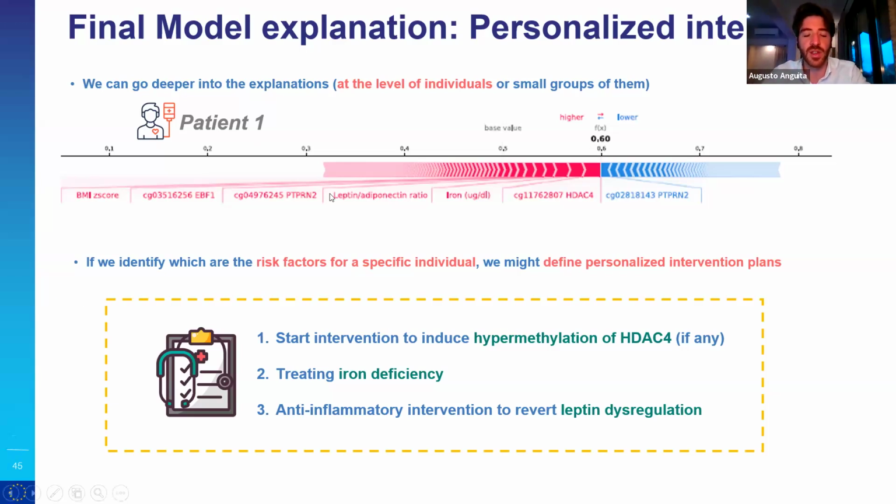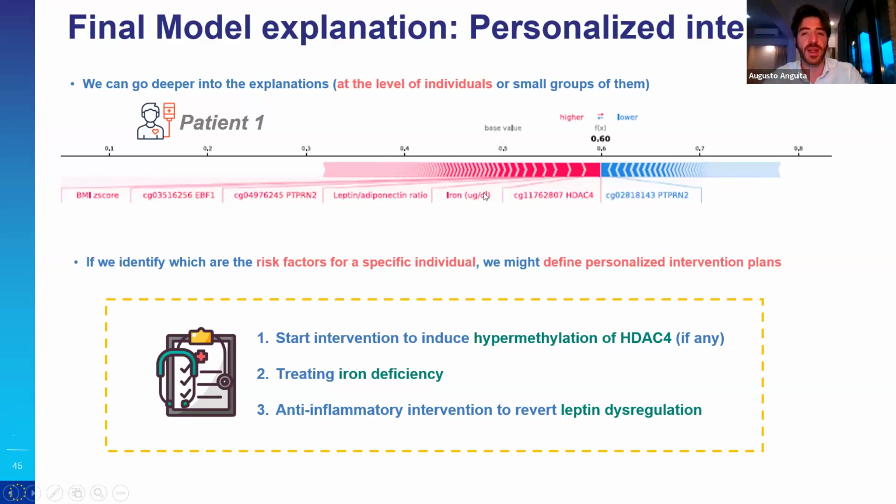But also this ratio between leptin and adiponectin, these are inflammation-related proteins produced by the adipose tissue. So this is quite good. And finally, there is the BMI. So we can see that here it is not much about adiposity itself. It's more about the metabolic status of this kid, what is pushing him to be in this insulin-resistant class.